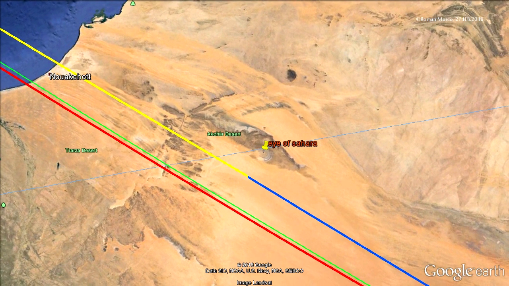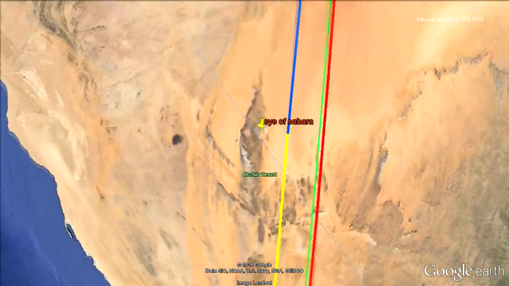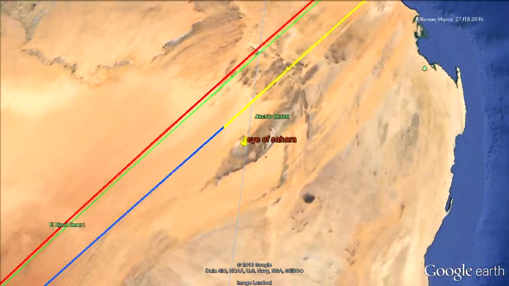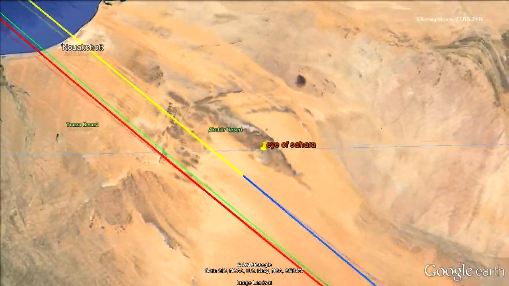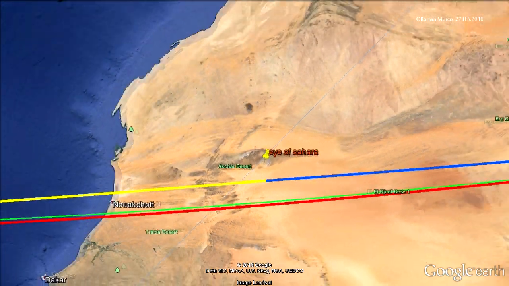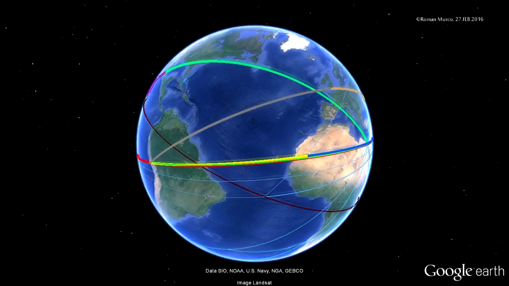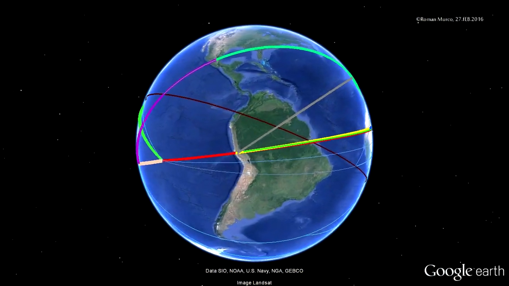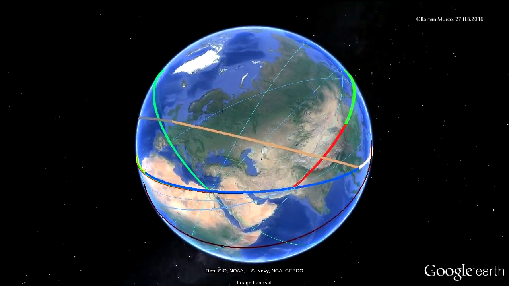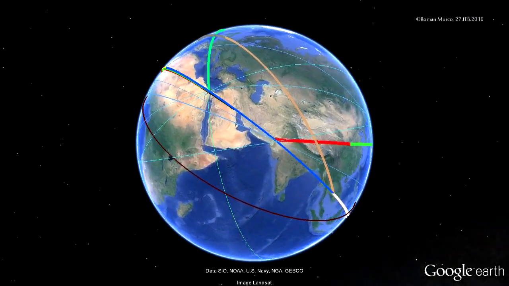What does it mean? 8,000 kilometers and 8,000 kilometers, 10,000 kilometers. So this is something that may be shocking to you, but 8,000 kilometers is one fifth of Earth's circumference, and 10,000 is one quarter, and this gives us a really interesting grid.